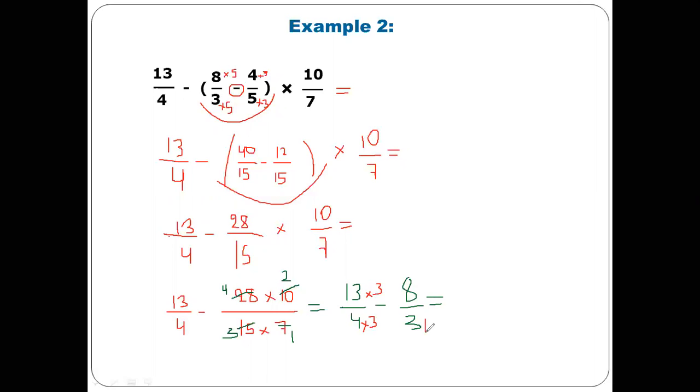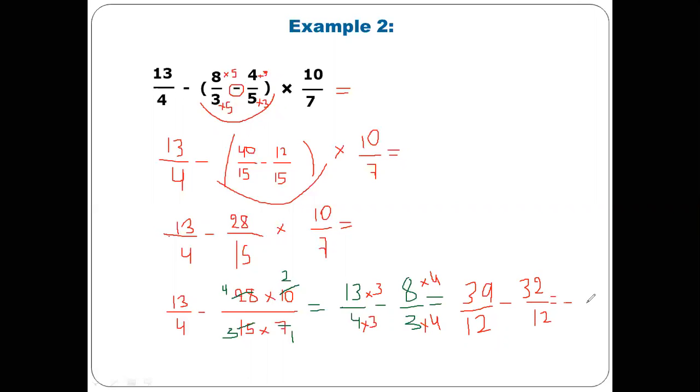I multiply by 4 because I decided to get 12 as a common denominator. I'm gonna get 39 out of 12 minus 32 out of 12.